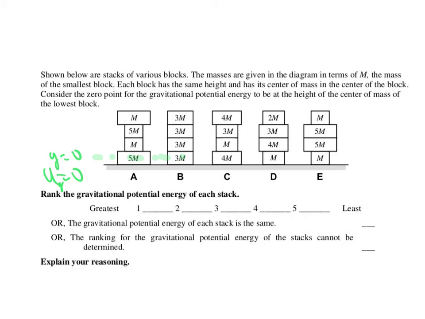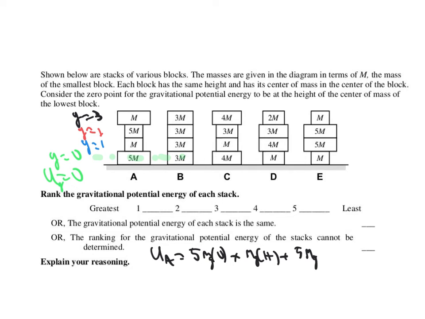For case A, let's actually get our heights here. Call this y equals 1, y equals 2, y equals 3. And so for case A, we have 5m times 0, plus m times g times a height h. I guess I should put a g in here too. Plus 5 times mg times 2h, plus m times g times 3h.